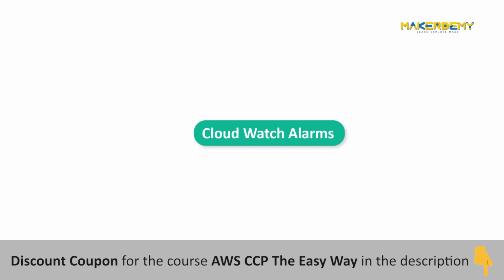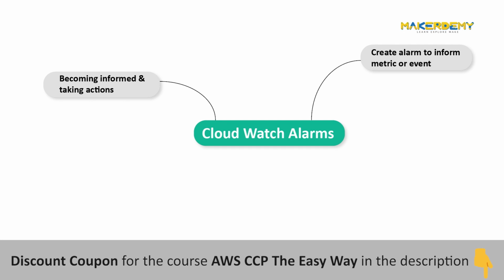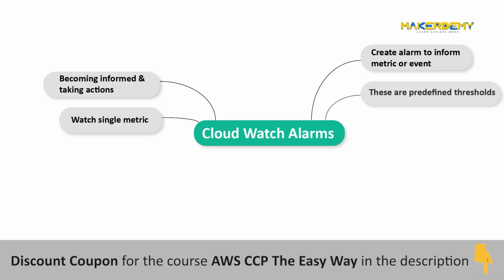Alarms are the process of becoming informed and taking decisions. It's great that CloudWatch is constantly monitoring the environment, but we can also create alarms to inform us of various events and metrics. Alarms watch a single metric. You should think of alarms as predefined thresholds.